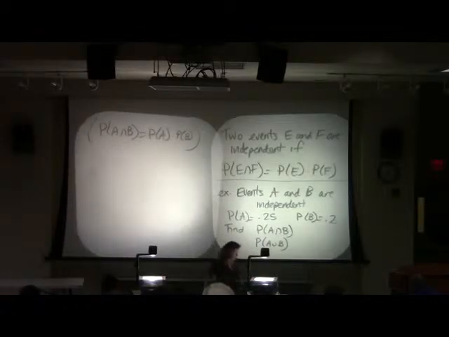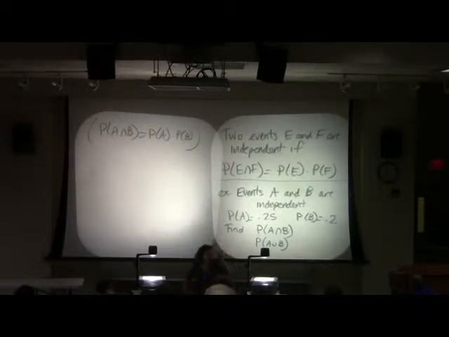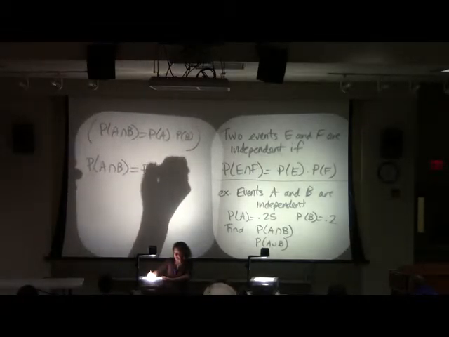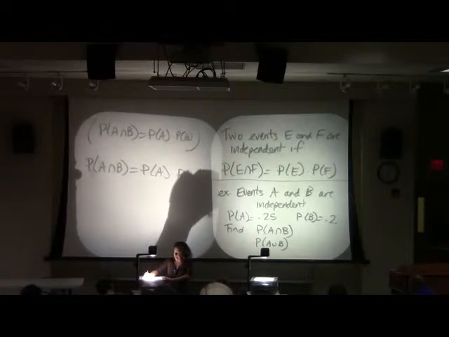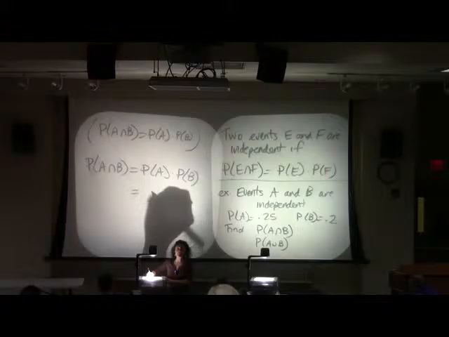Alrighty. Well, anyway, what's the first thing we wanted to find? Oh, cool. I want to find the probability of A intersect B. Do I have enough information to do that? I totally do. Because I know these events are independent, I know that the probability of A intersect B is the probability of A times the probability of B. What's the probability of A? 0.25.